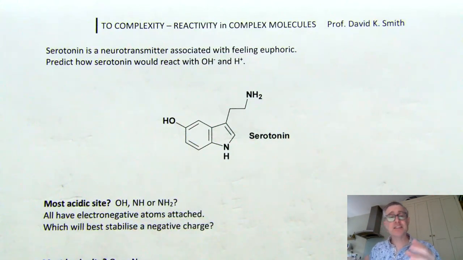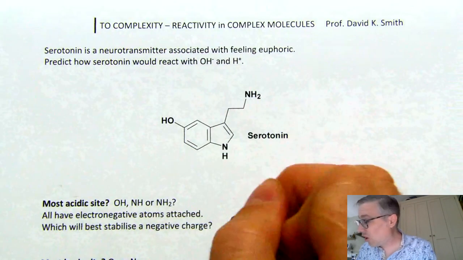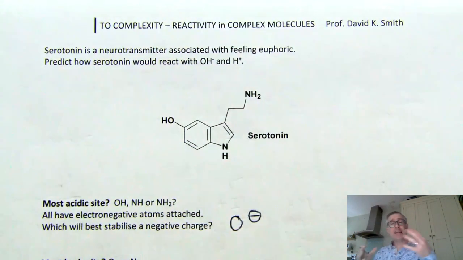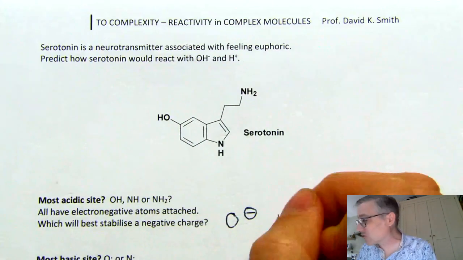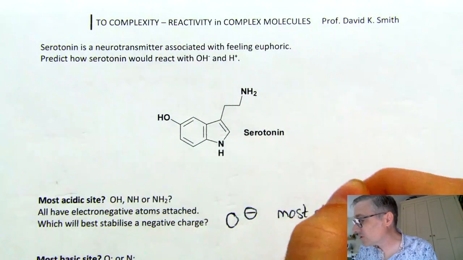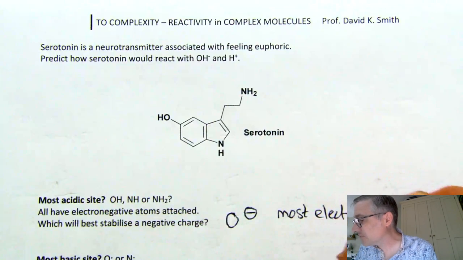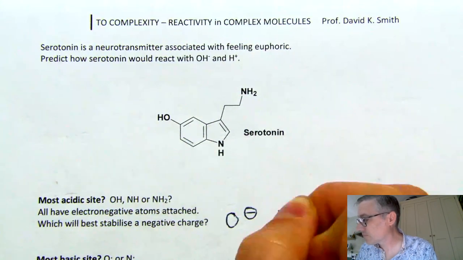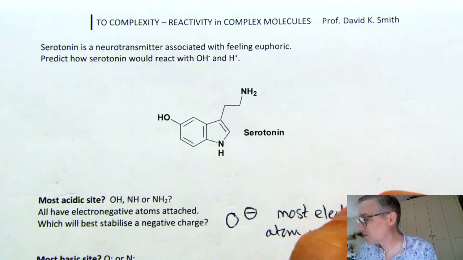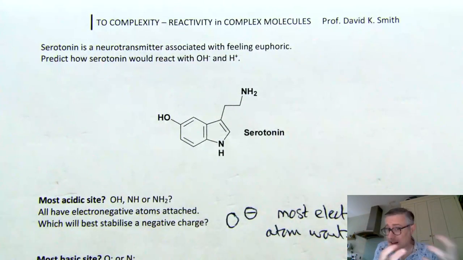The answer to that is oxygen. Oxygen is really happy with a negative charge because it's the most electronegative. The most electronegative atom wants a negative charge, and it wants to keep that negative charge as well.